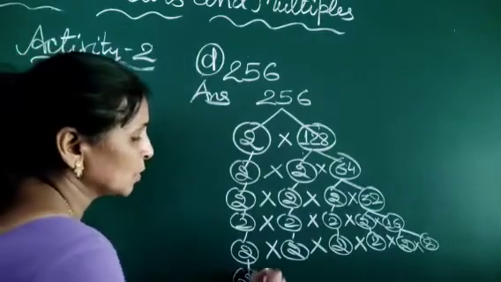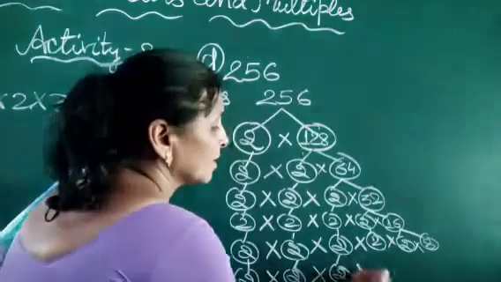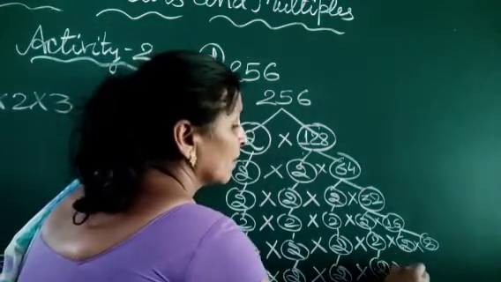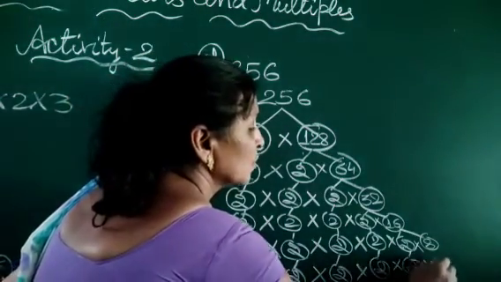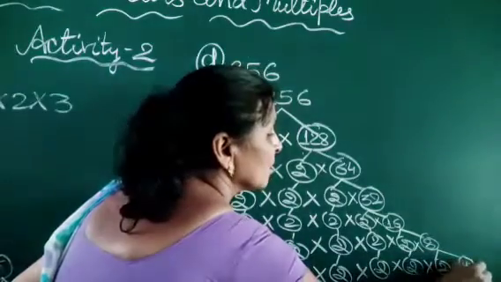Then again 2, then this 2, we write it here, this 2, then 8. 8 is divided by 2, then it comes 4.